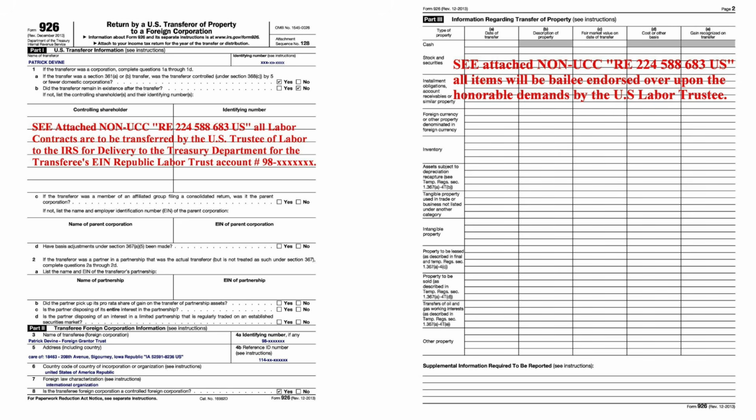And more than likely, that 98 series number will be your passport and your passbook savings account, your driver's license, whatever. You're not a driver, but it will be your operator's license to operate as a grantor, Bailor of the Republic.